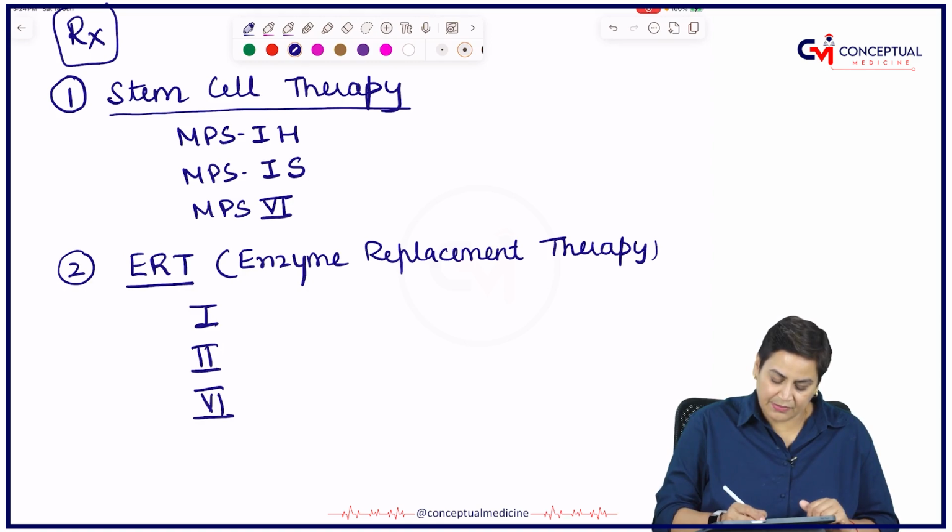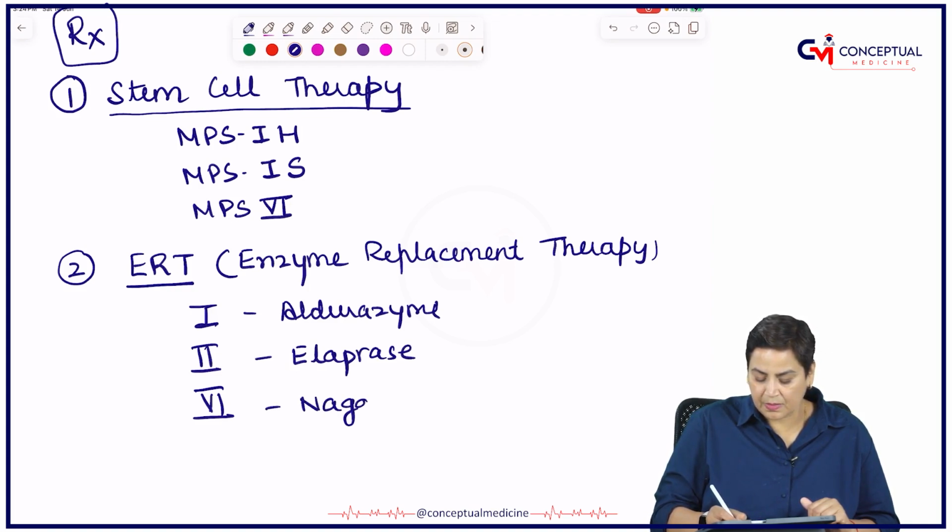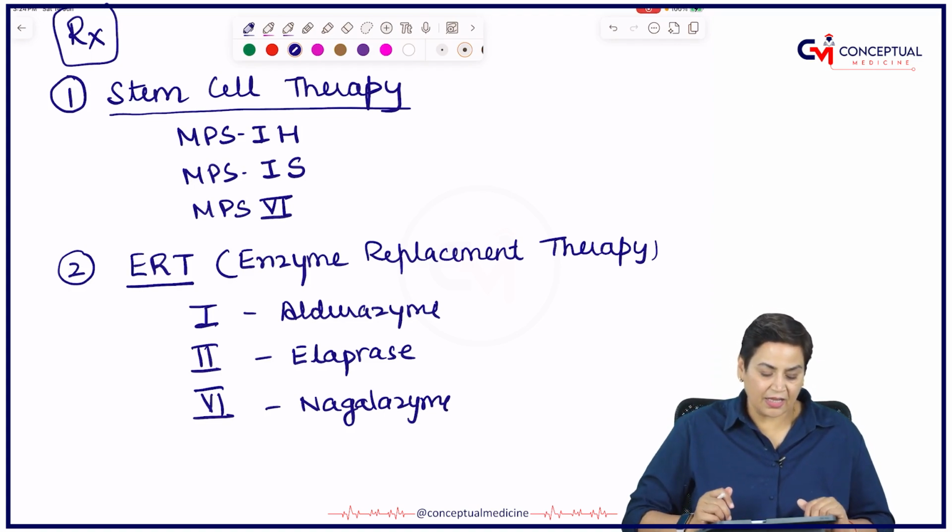And what are the enzymes? We can simply say laronidase, elaprase and galsulfase. So these are the two main therapies available to treat the different types of mucopolysaccharidosis.